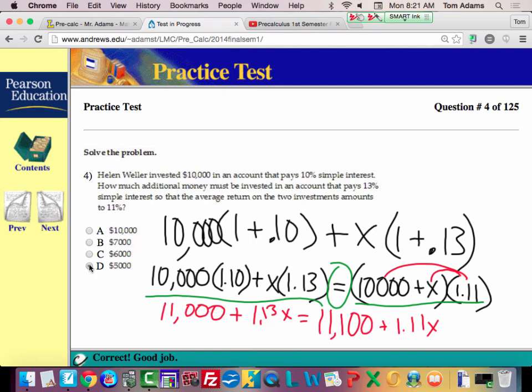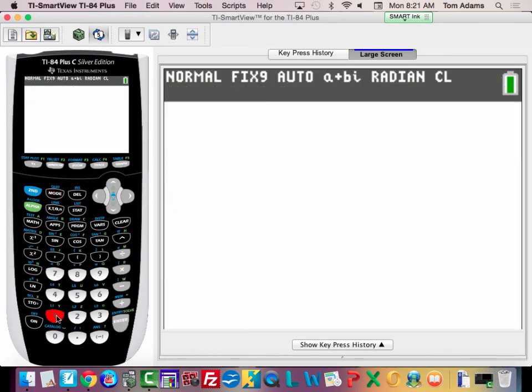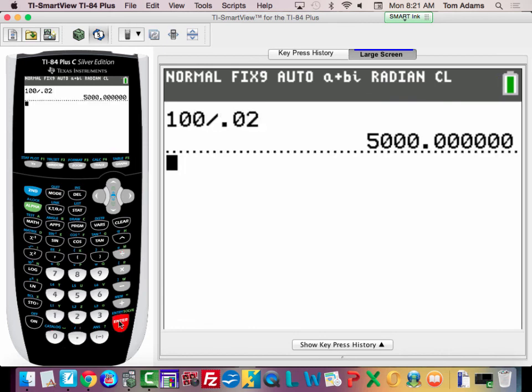So you would subtract this from both sides. And what does that give you? 0.02. And then you subtract 11,000 from 11,100, which is equal to 100, right? So then on your calculator, 100 divided by 0.02. There it is.